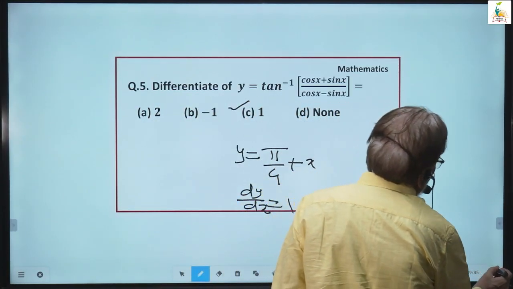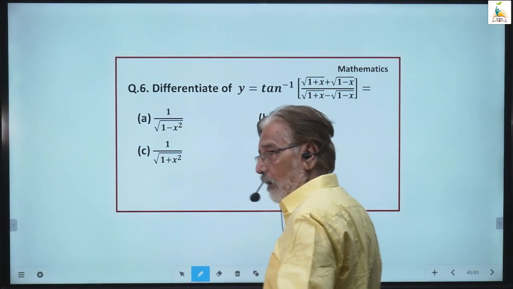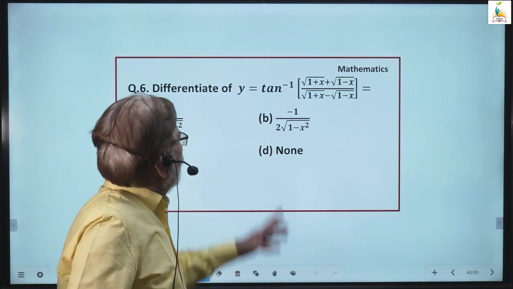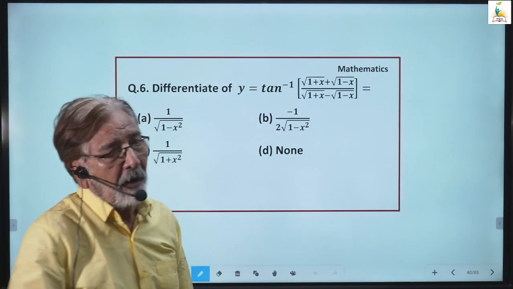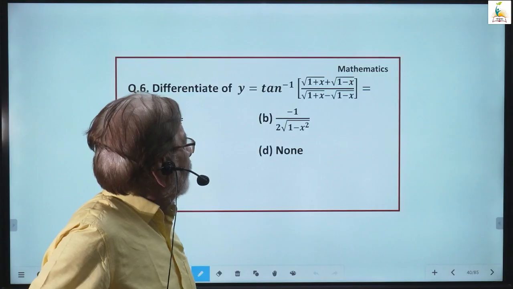Similarly, we can do so many questions. If I put x equal to cos theta, the question can be done because under root of 1 plus cos theta will be equal to 2 cos square theta by 2.